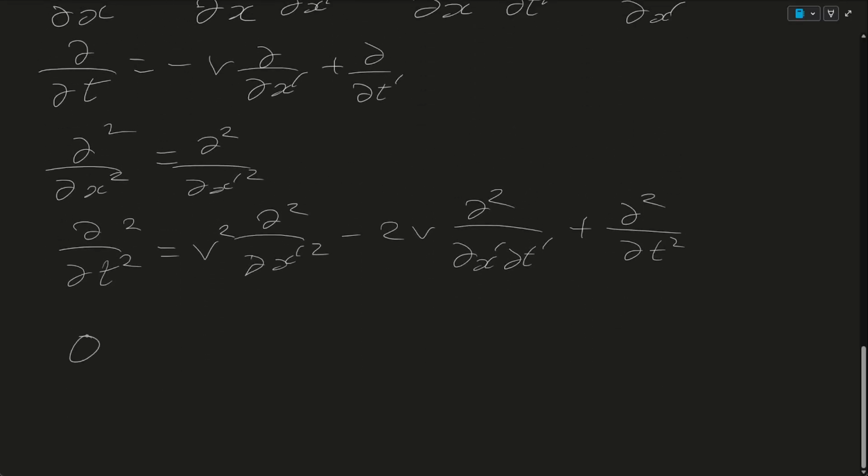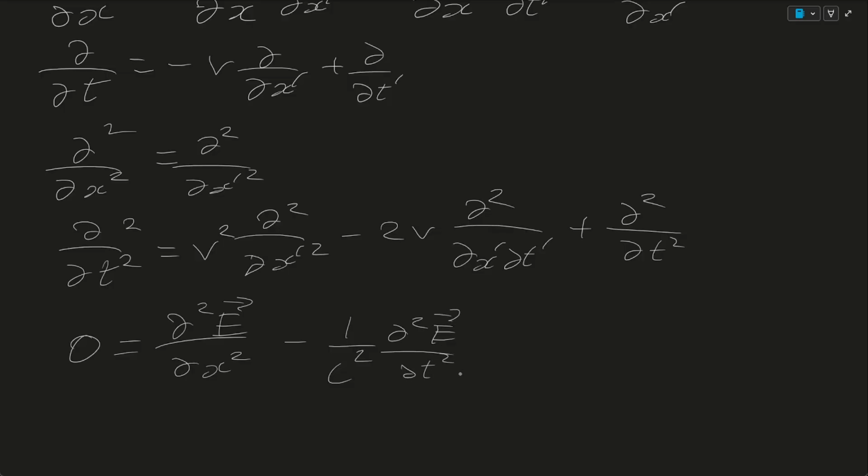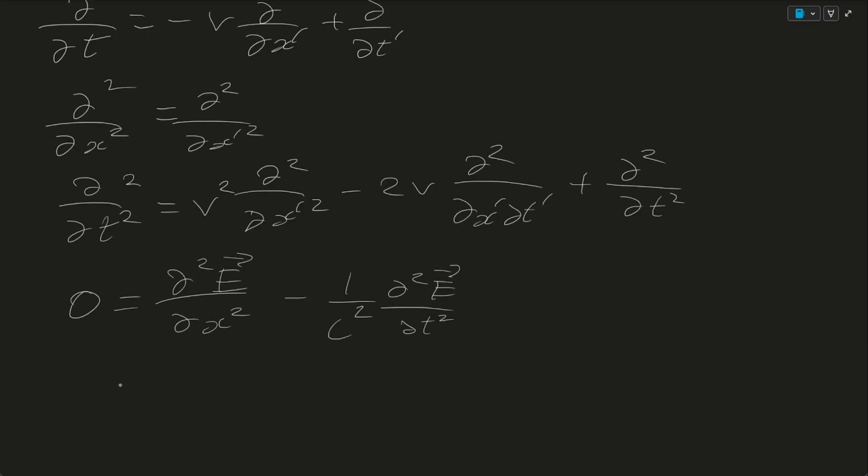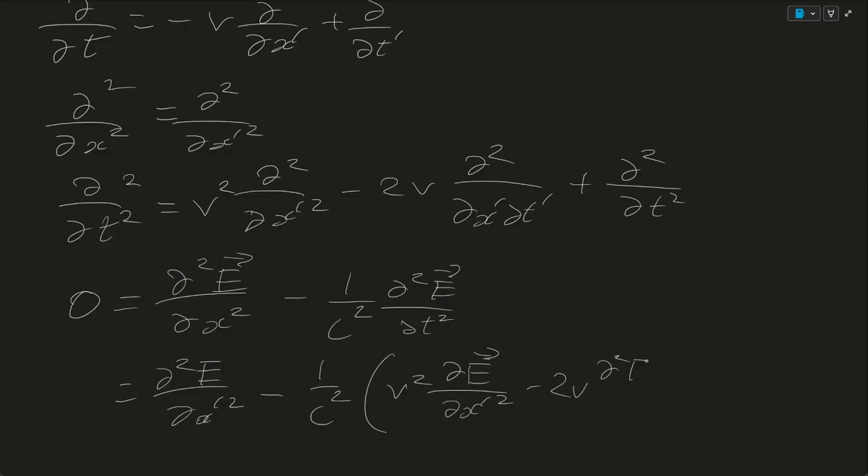So I'm going to throw the 0 on one side and put the equation on the other side. d squared E over dx squared minus 1 over c squared d squared E over dt squared is... d squared E over dx dash squared minus 1 over c squared v squared d squared E over dx dash squared minus 2v d squared E over dx dash dt dash. No, that's a 2. I'm not sure why I'm struggling to do that anymore.